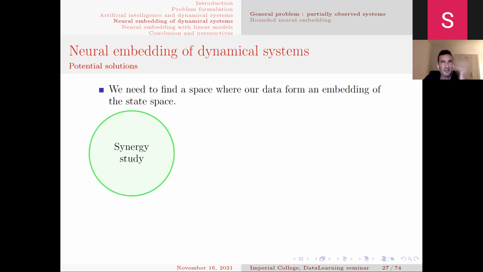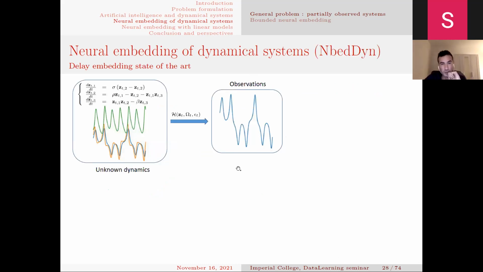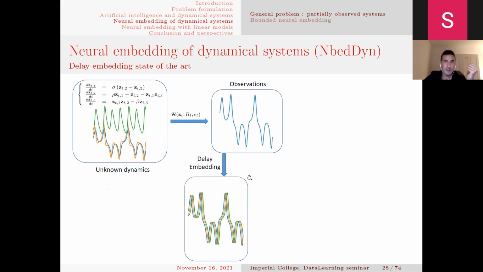But this, in the context of ocean surface observations, will pretty much send us back to primitive equations, which we want to avoid because they're extremely costly. Another solution is to use Takens' delay theory, in which, when we are provided with some observations that are coming from a higher dimensional space, we form a higher dimensional embedding by concatenating lagged versions of the observations. Now, the issue with Takens' delay embedding in modeling something as high dimensional as the ocean surface temperature is that we do not know how to parameterize this embedding.